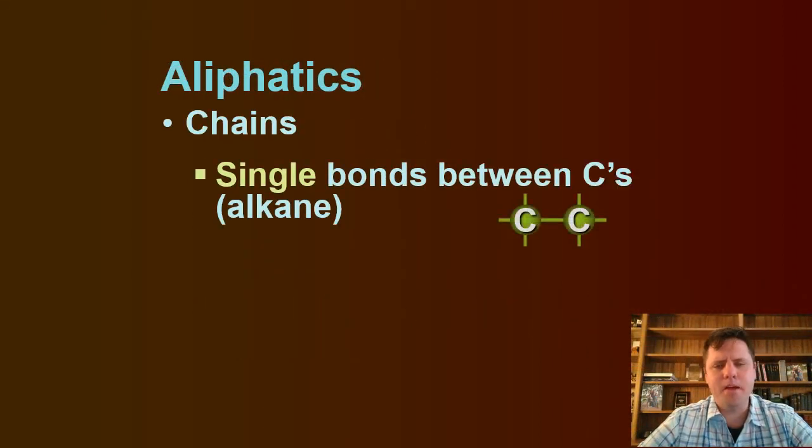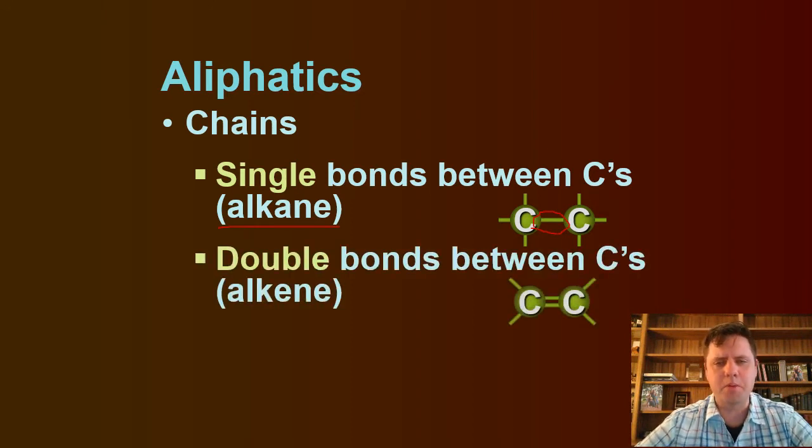In their simplest forms, they're just single bonds between the carbon atoms, and these are called alkanes, A-N-E, if all of the bonds between the carbon atoms are single bonds. But if we have a double bond in there, even one double bond, then it turns into an alkene.